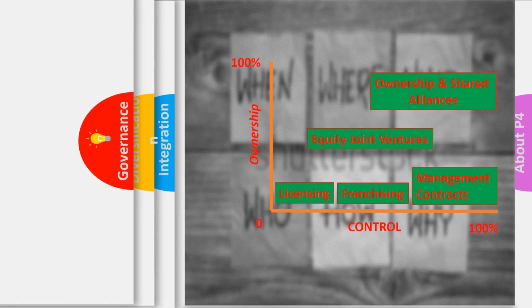And then finally, we have ownership and shared alliances. So ownership, where you have your own businesses in another market. You might have your own retail stores in another marketplace. But again, there you've got 100% control.